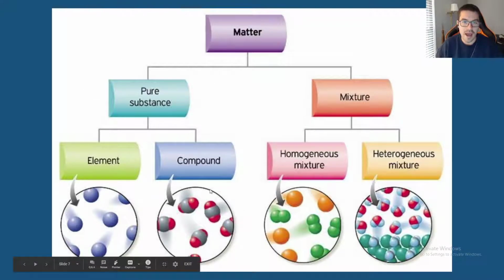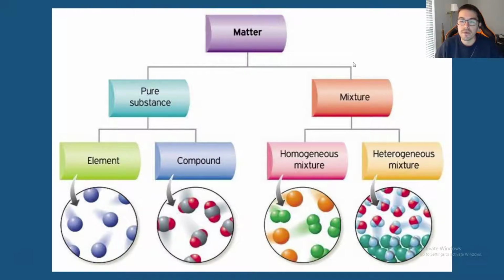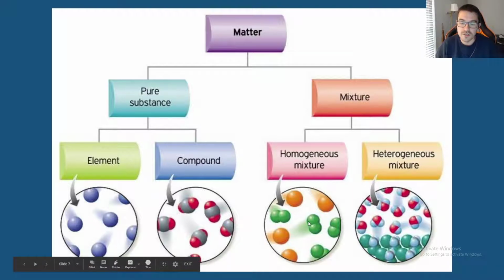So that's one half of our matter chart here. The other half is mixtures. Mixtures are made up of two or more pure substances mixed together. In this picture, you can see there are two different things: the green particles here and the orange particles here.